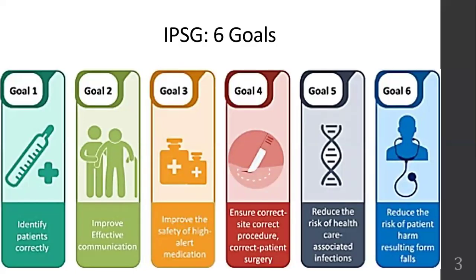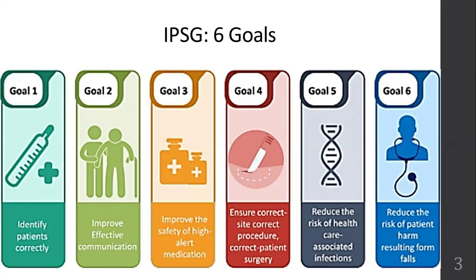There are 6 key problematic areas identified by the Joint Commission. When you focus on these 6 areas and practice them every day, you make patient safety and patient outcomes much better for your organization.